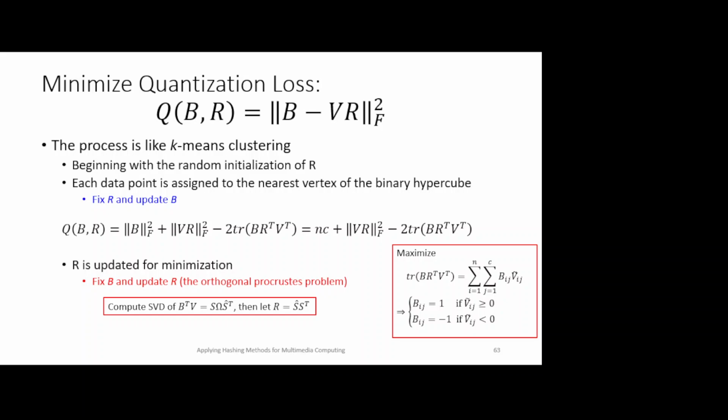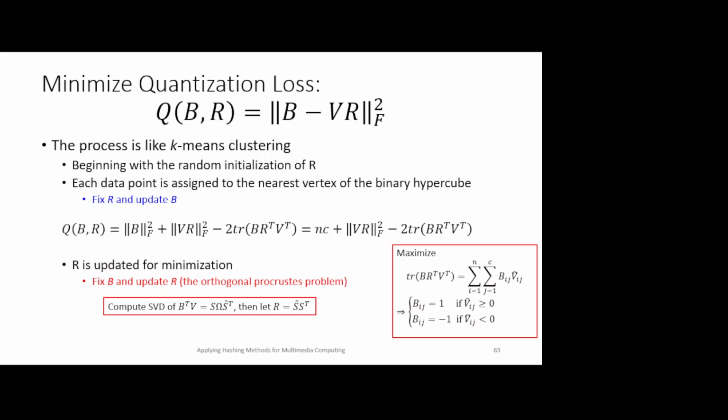Okay, the second step: we fix the binary code B and update the rotation matrix R. In this expression, B is fixed and you want to update R. Actually, there is an analytic solution.